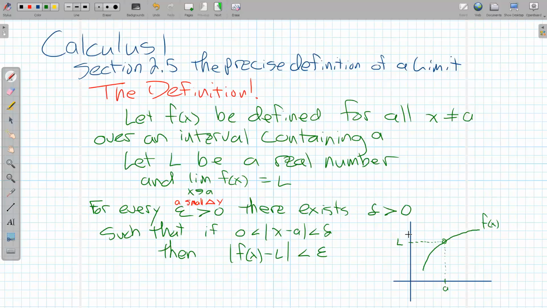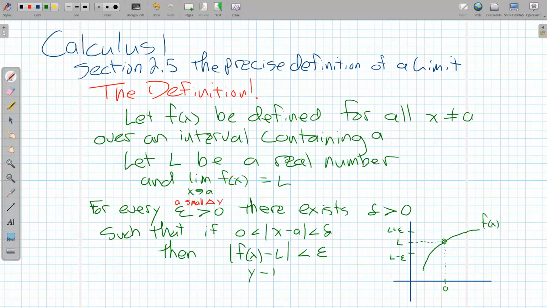So let's go that wide right there. So this right here is L plus epsilon at the top. And down here would be the y value L minus epsilon. And f of x over here is just some y value.